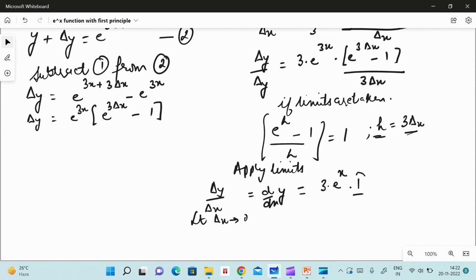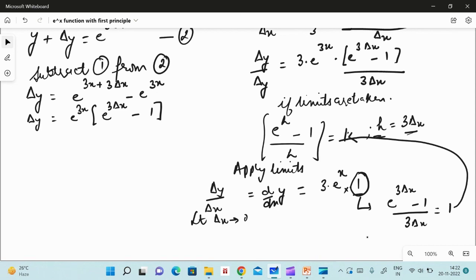Why 1? Because e power 3 delta x minus 1 divided by 3 delta x equals 1 as per this property, this rule.